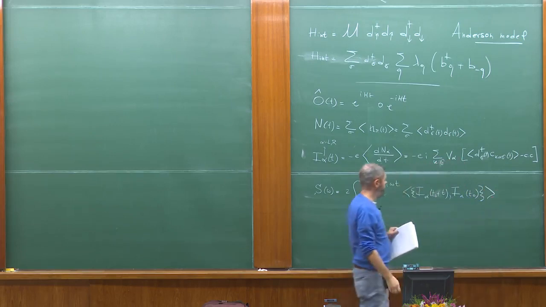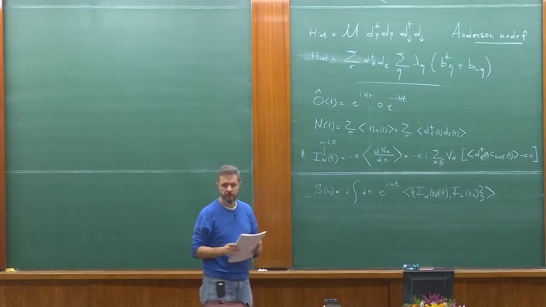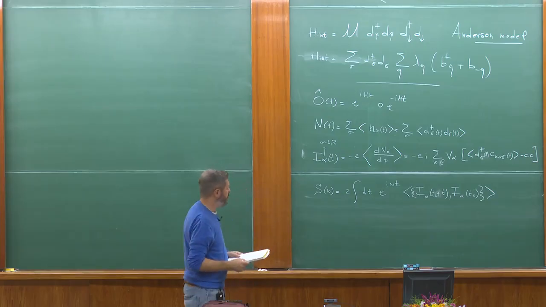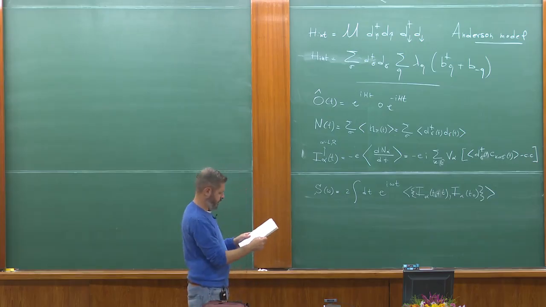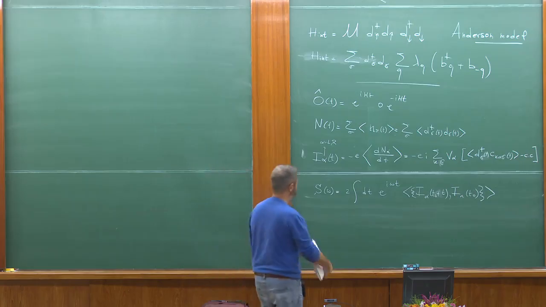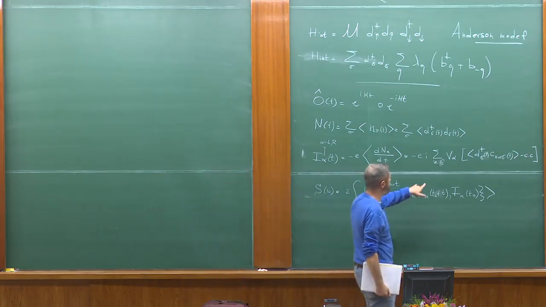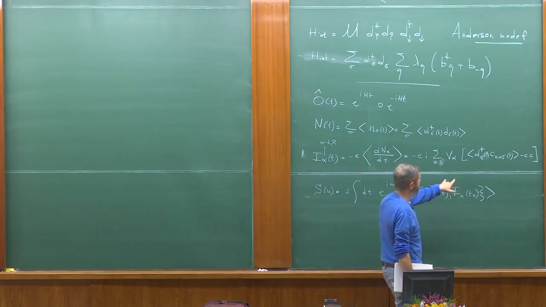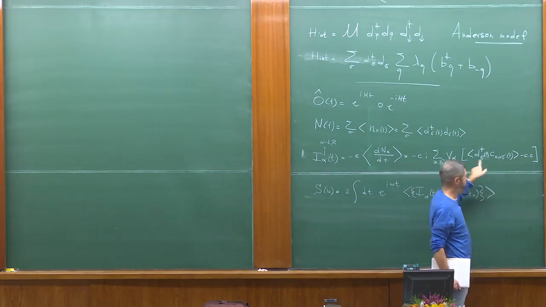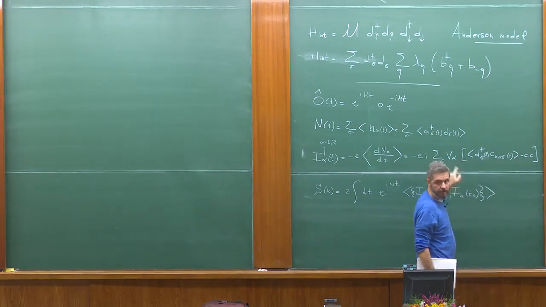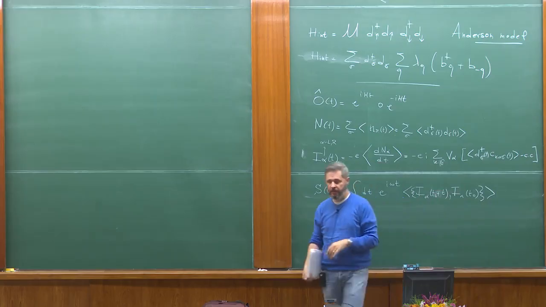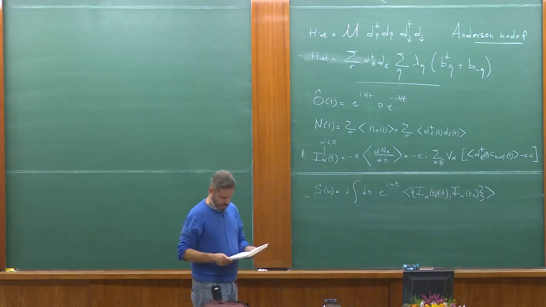Right. Wait a second. Okay, here I have it with a minus sign. Is it correct? This has to be real. So minus the complex conjugate is the imaginary part, and then there is an i here killing it. So everything is fine.